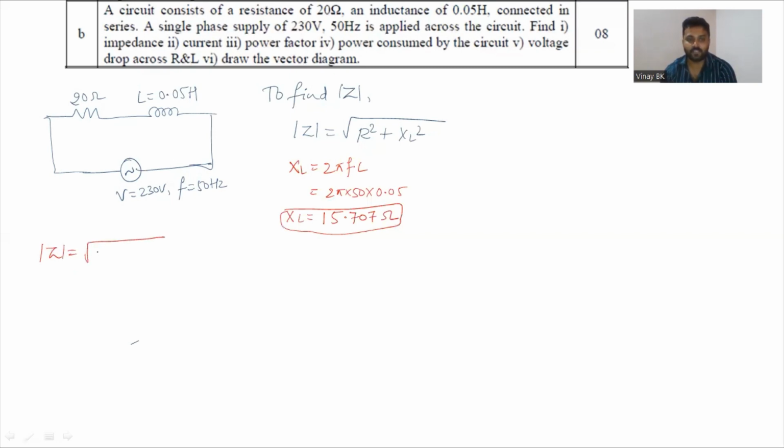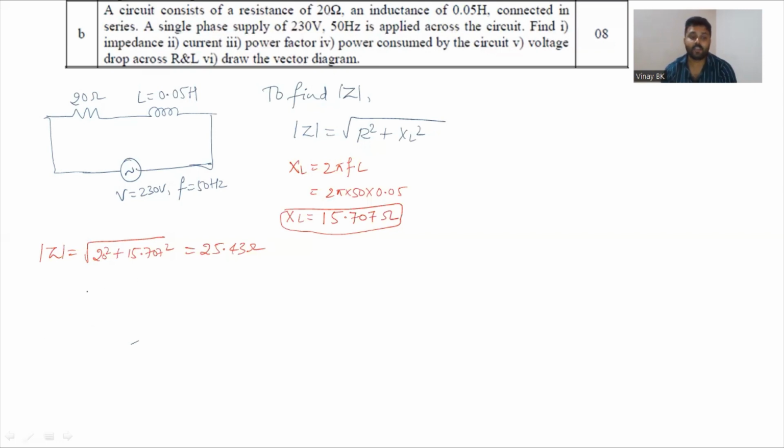R is 20, so 20 square plus 15.707 square, square root of the answer. You get 25.43 ohms. So you have calculated the impedance.